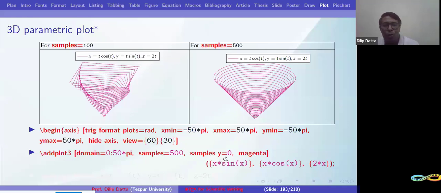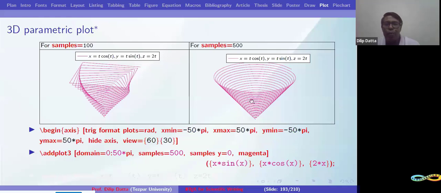Now samples y equal to 0, samples y direction is made 0 to have this spiral one. Otherwise, what would happen? It will be a surface. Simply cone shape will come if you omit this samples y equal to 0. I wanted to show this spiral, so I made samples y equal to 0.